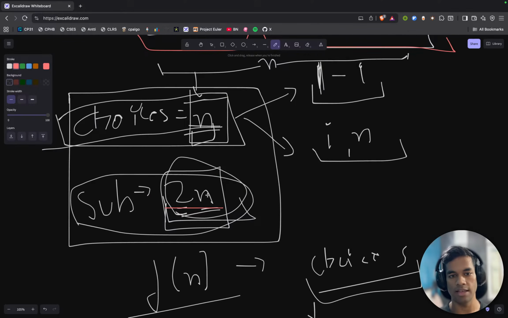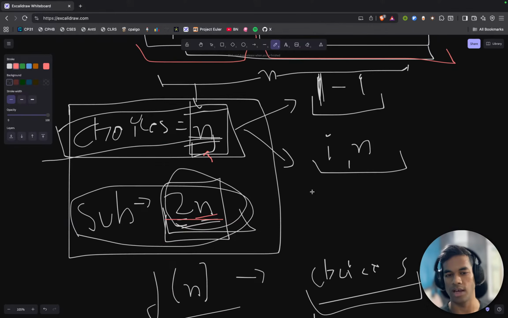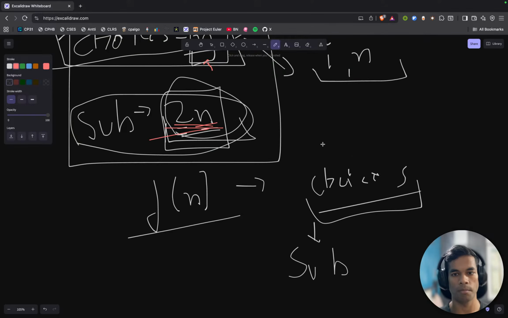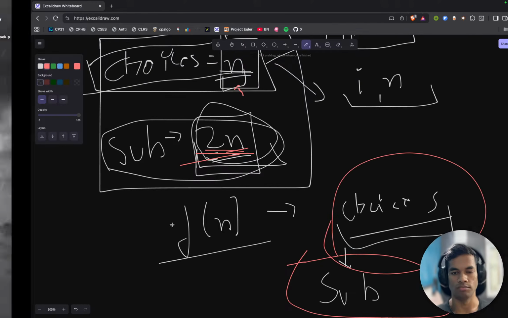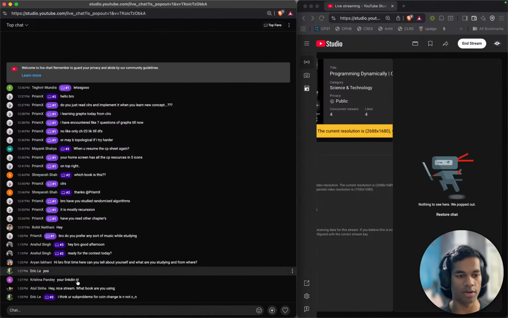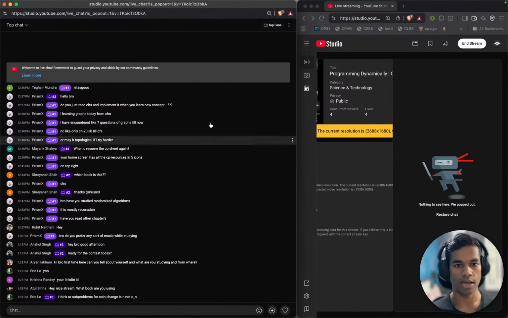So in total, since we have n choices, we will have 2n subproblems, like 2n minus 1, because when we are not cutting the rod, we don't have any subproblem. But anyways, this is the subproblem size, and that is cool. It is like explicitly stating what we were seeing implicitly till now.